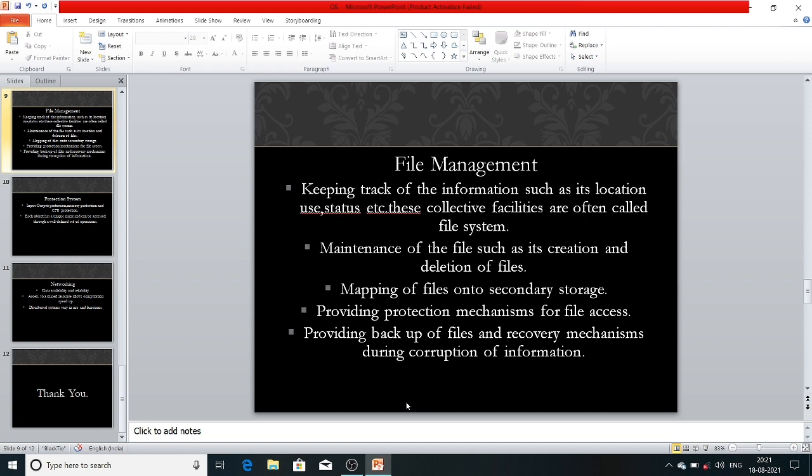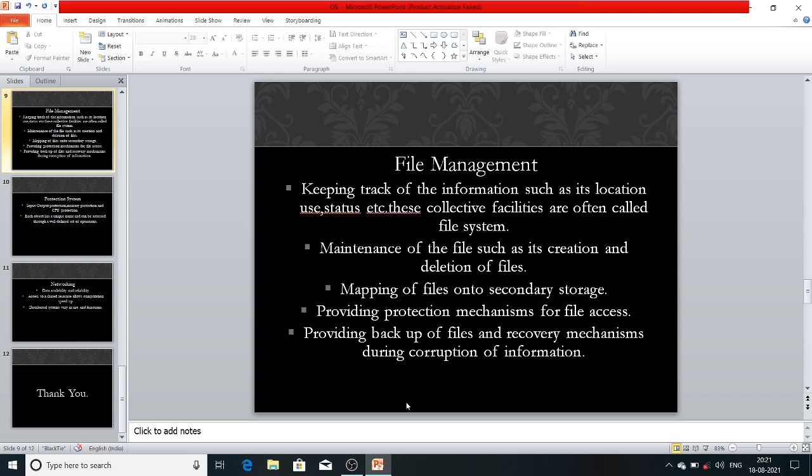These files are normally organized and stored into directories to ease their use. Directories are used to store related files for easier access. There are functions such as keeping track of information such as its location, use, status, etc. These collective facilities are often called the file system.